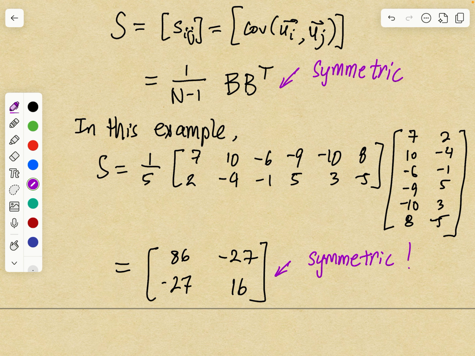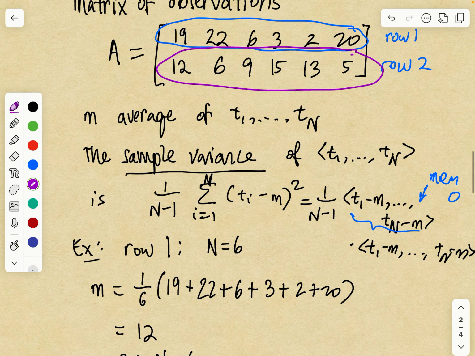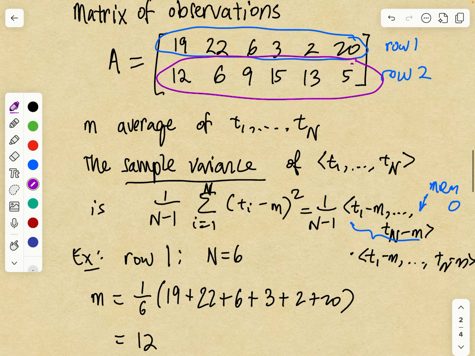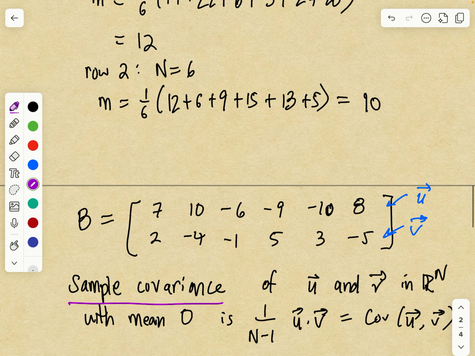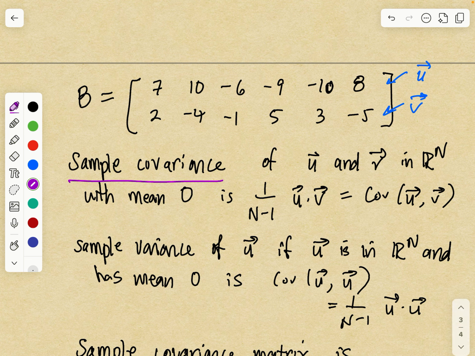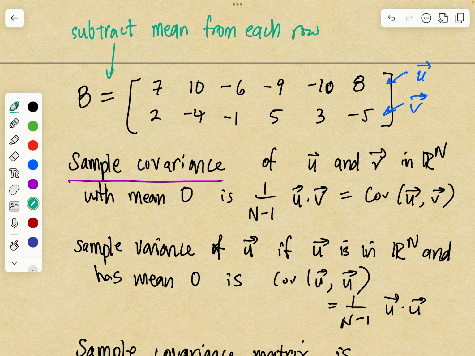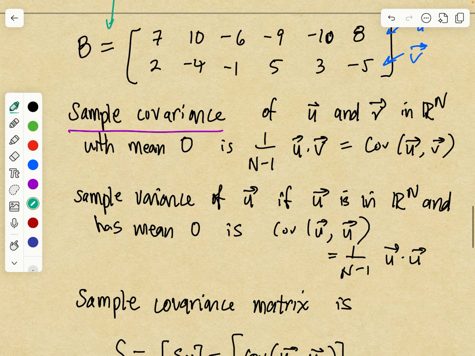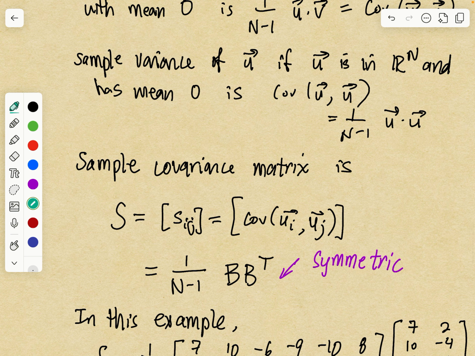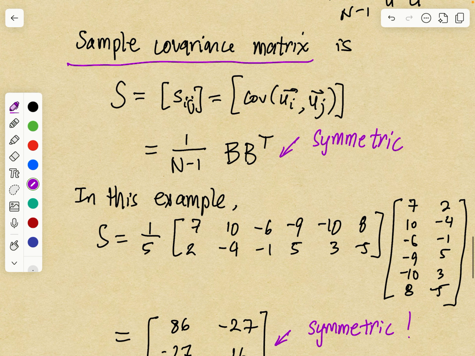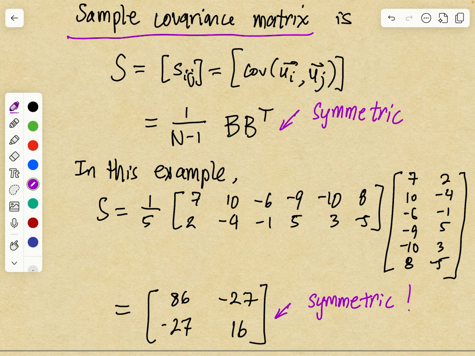So let's just review what we did. We started out with this matrix of observations A. Then you subtract the mean of each row from each row, and that gives you B. Each row has a different mean, so you subtract that mean from each row, and that gives you this matrix B. And we get the sample covariance matrix S by taking 1 over n minus 1 times B B transpose.